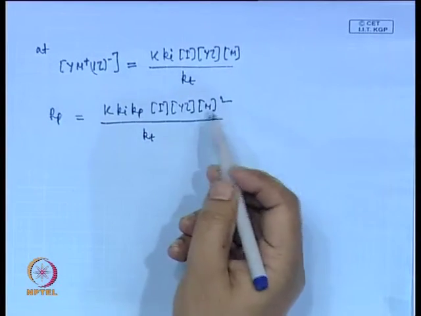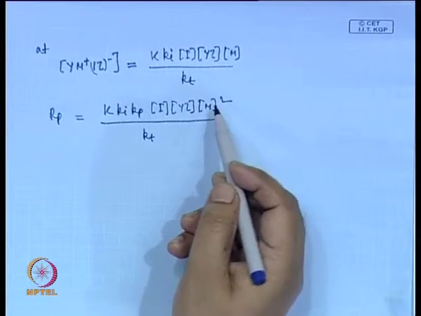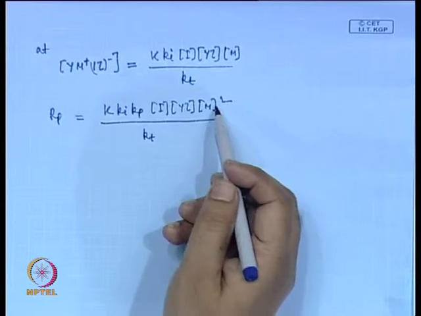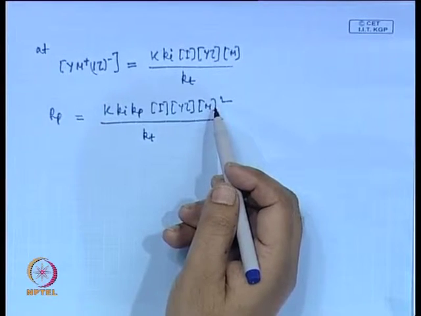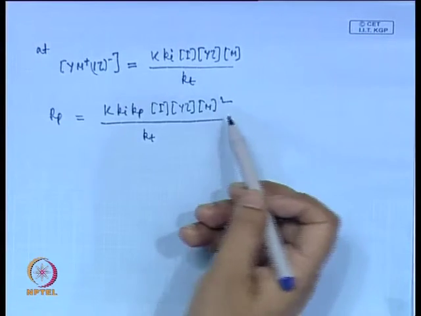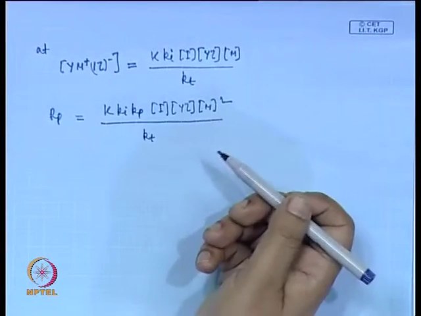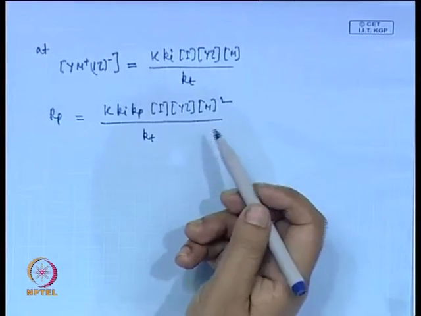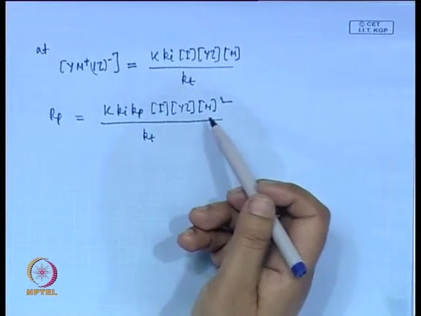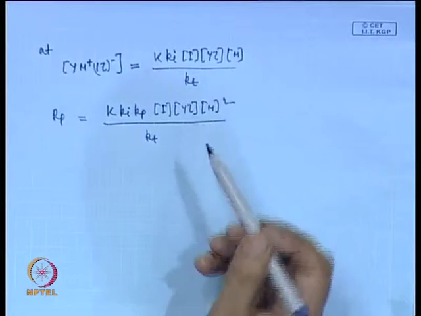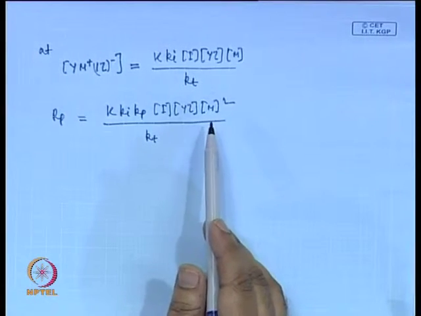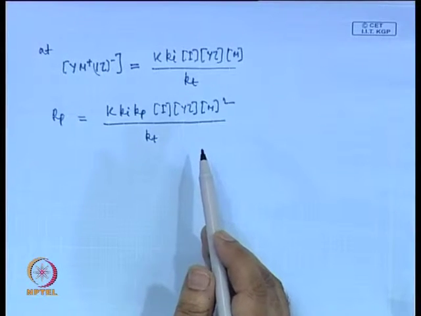Now, here the rate of polymerization depends on the square of the monomer concentration, whereas in radical polymerization, if you remember, it was related to the concentration of monomer. That is because the monomer appears in the rate expression of the initiation reaction in ionic polymerization, whereas in radical polymerization the monomer was absent in the initiation reaction.